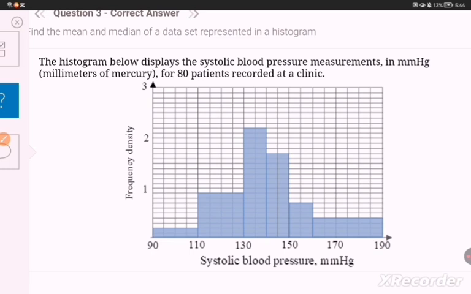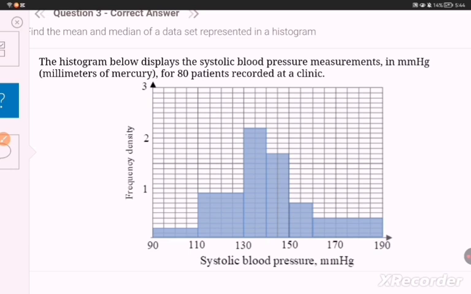So you're going to have 100, and then 120, 130 to 140 is 135, 140 to 150 is 145, 150 to 160 is 155, and then 160 to 190 is 175. So that's your midpoint. Now you have to find your frequency.